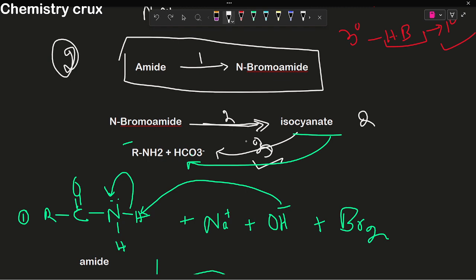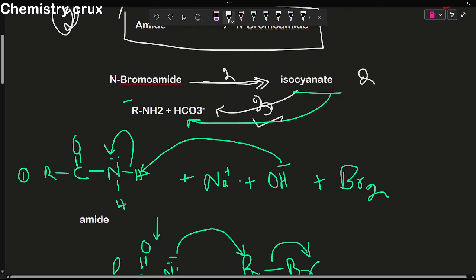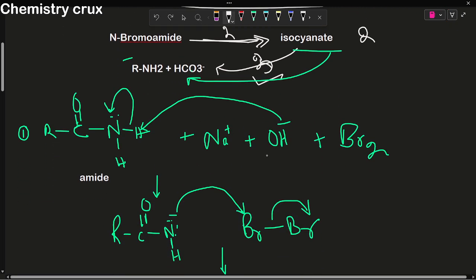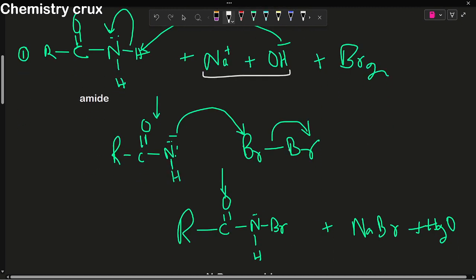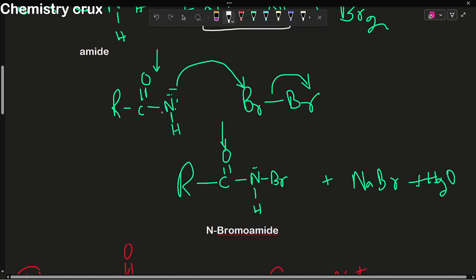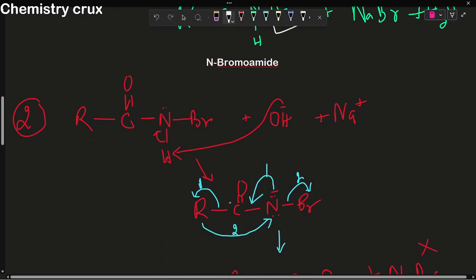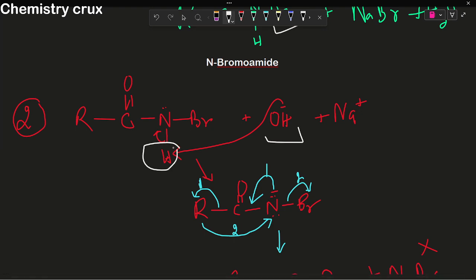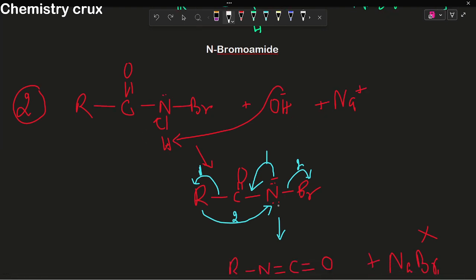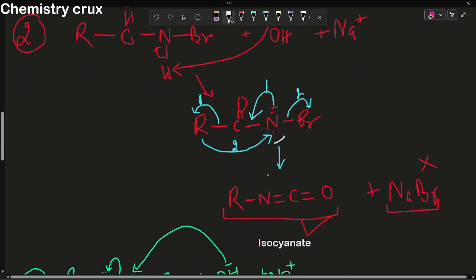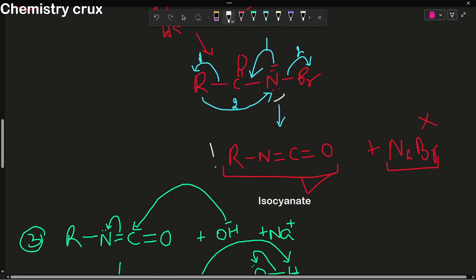These are the 3 steps of the reaction, and in the first step we do the process by action of base, and then Br is added at this nitrogen and we get N-bromoamide. In the second step of the reaction, again base acts and it extracts this H positive, and a negative charge is again developed on nitrogen, which undergoes rearrangement to form isocyanate.